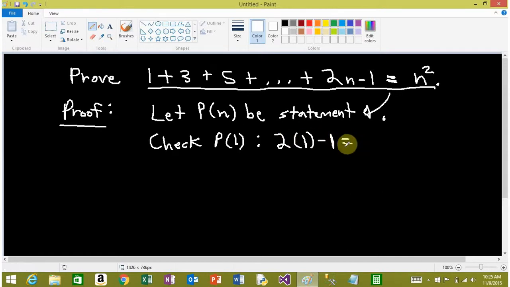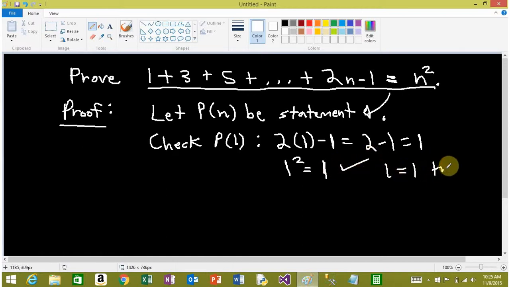That is equal to 2 minus 1, which is 1. And then if we check on the right side, we plug in 1 in place of the n for n squared, so 1 squared equals 1. So we see that that is true. 1 equals 1. So it's true.